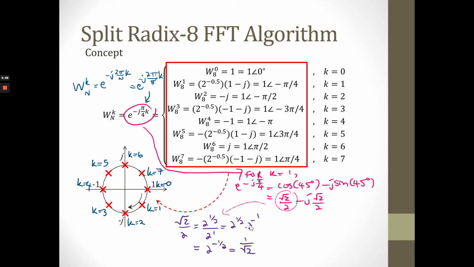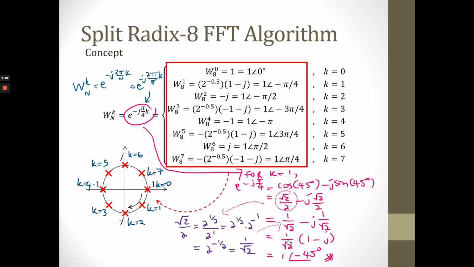And from this one, we combine the power of half and negative 1. We have negative half. And then we rearrange these equations so that we have 1 over root 2. This 1 over root 2 is actually equal to this one, 2 with the power of negative half. So we substitute back into this one. So we have this one for cos 45 minus j sine 45, which is equal to 1 over root 2, this function. And then we rearrange this one.